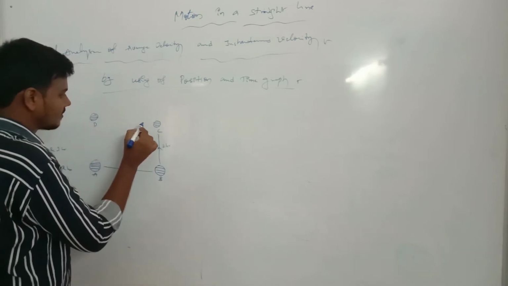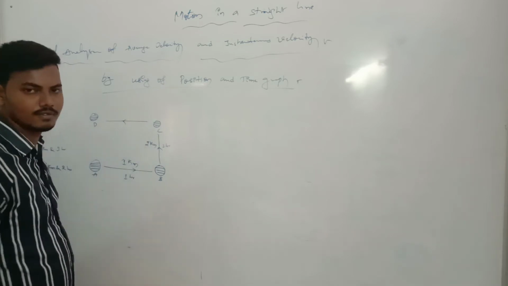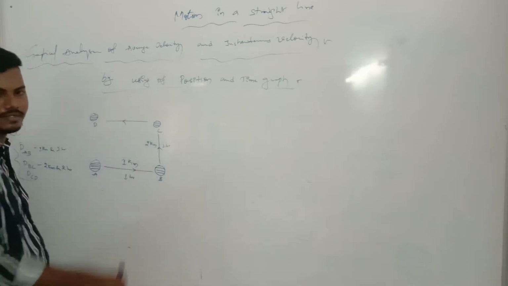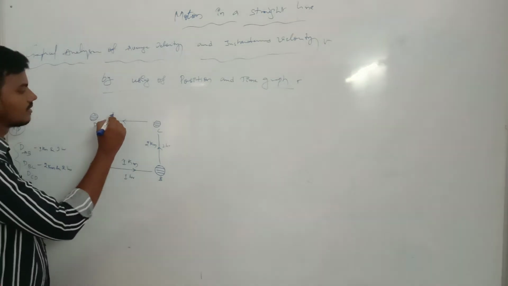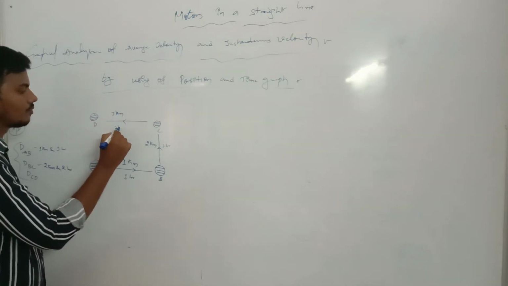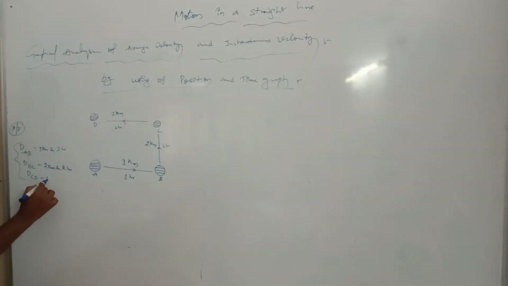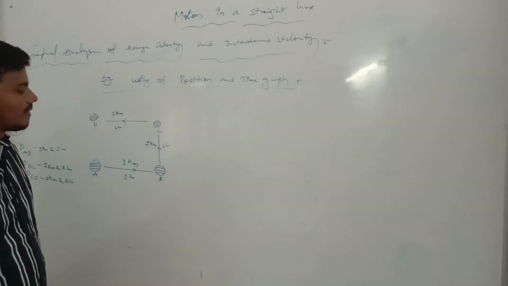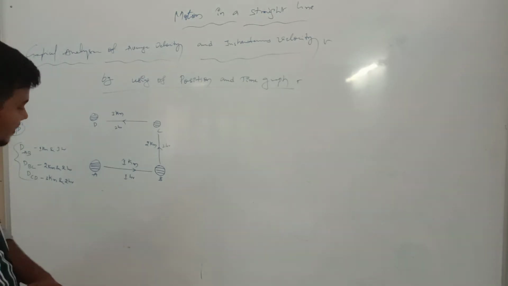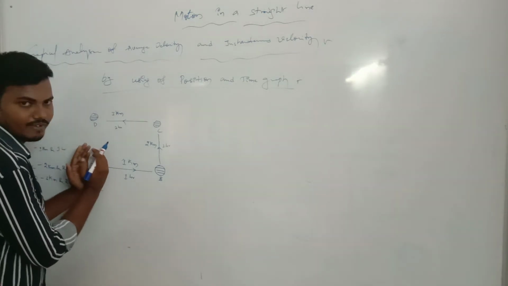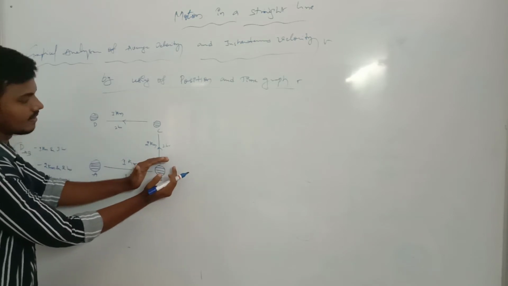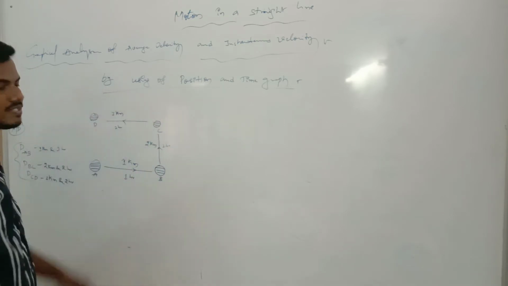Again at C to D, we take 3 kilometers and 2 hours of journey. The motion will be applicable. This is very important: A is a position vector, B also a position vector, C also, and D also.